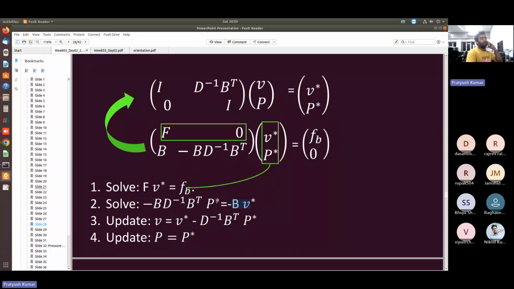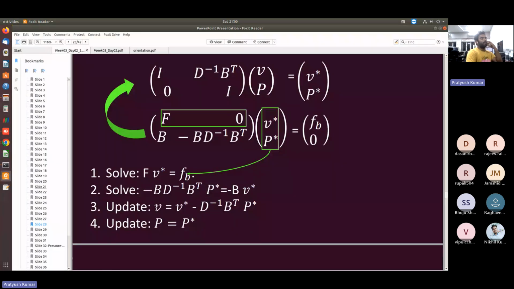Now this P star has been calculated using the V star value. So this V star satisfies the momentum equation but not the continuity equation. For that purpose we now use the first term of this given matrix. This is the equation we utilize, and from here we update the value of V, taking the value of P star from the last iteration.